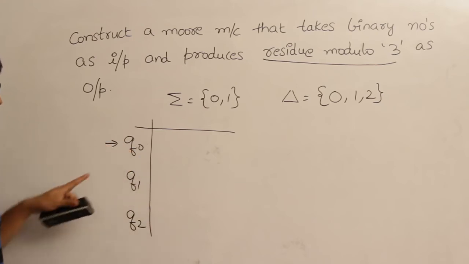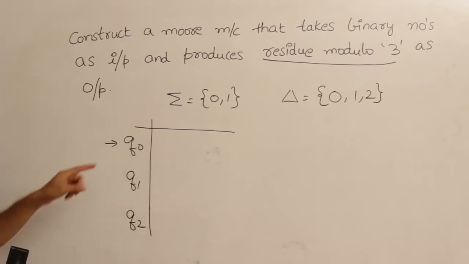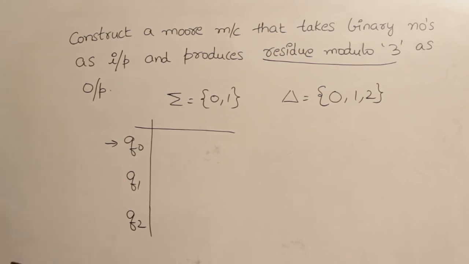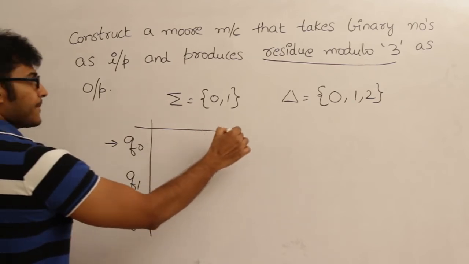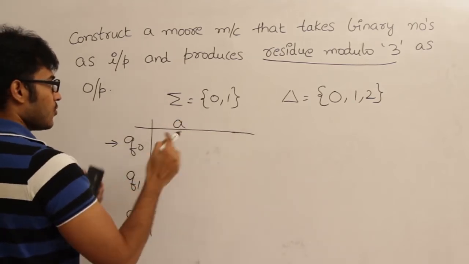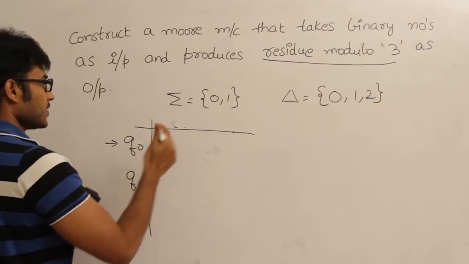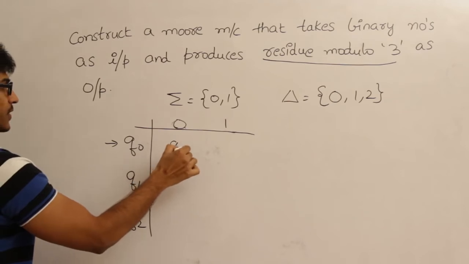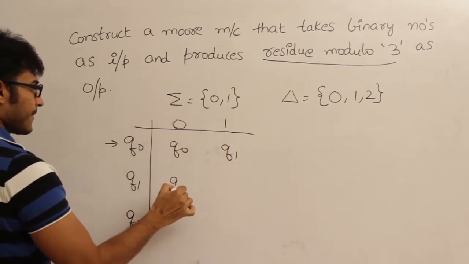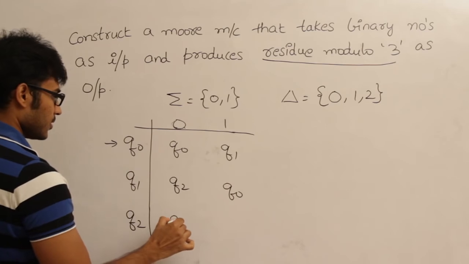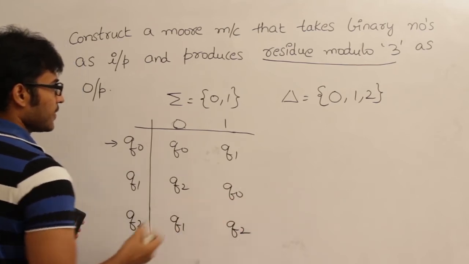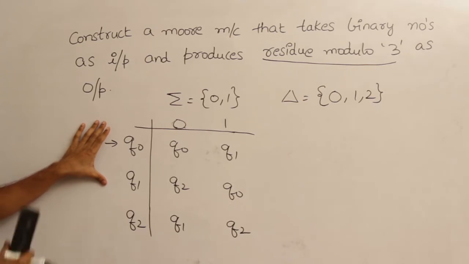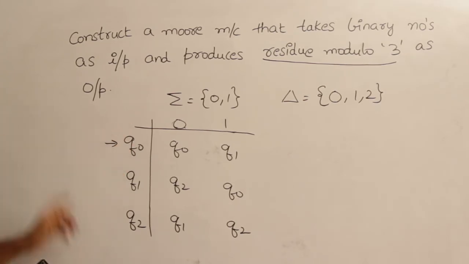Q0 corresponds to remainder 0, Q1 to remainder 1, and Q2 to remainder 2. The shortcut is to directly draw the state transition table and fill it like this: Q0, Q1, Q2, Q0, Q1, Q2. Done. This is the DFA which accepts all strings divisible by 3, in case Q0 is the final state.